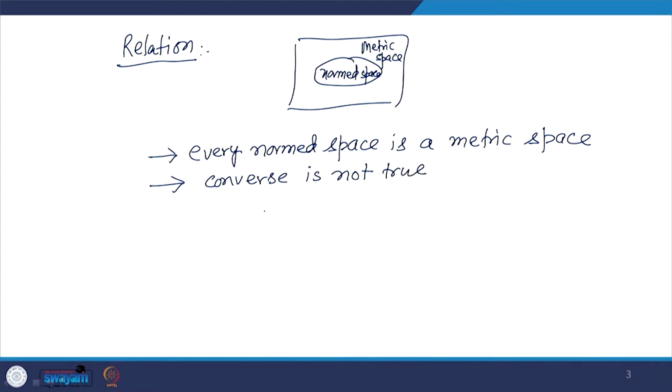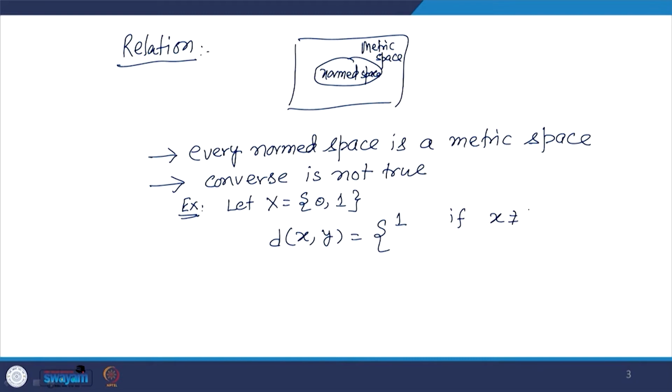Let us take an example of this converse, where we define a metric space that is not a norm space. Let X be a set containing two elements 0 and 1. So, it is a subset of real numbers. Now, define the metric d x y as 1 if x not equals y and 0 otherwise.